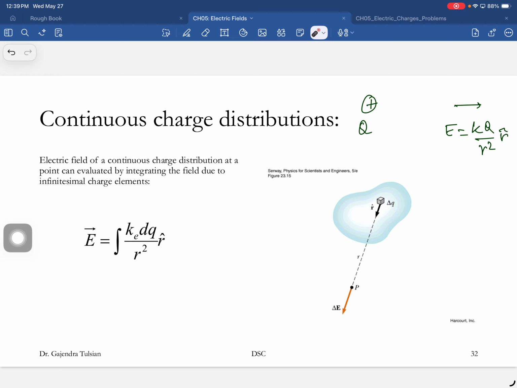But of course, that integral is impossible to do. That integral you can do in very symmetric situations. So again, what you want to do is calculate the electric field due to this distribution at that point, doing this integral, which is impossible to do, except in certain situations.